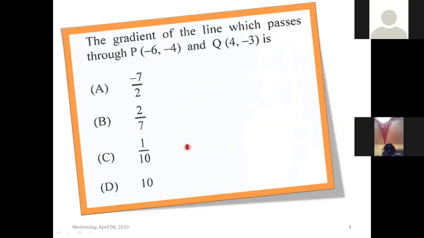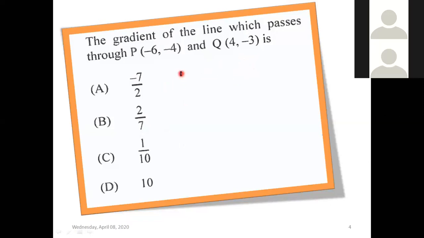All right. Look at that one now. So this is coordinate geometry. This is actually CXC work. All right. Can anybody remember the formula for gradient? How you find the gradient of a line? I remember doing that in class.